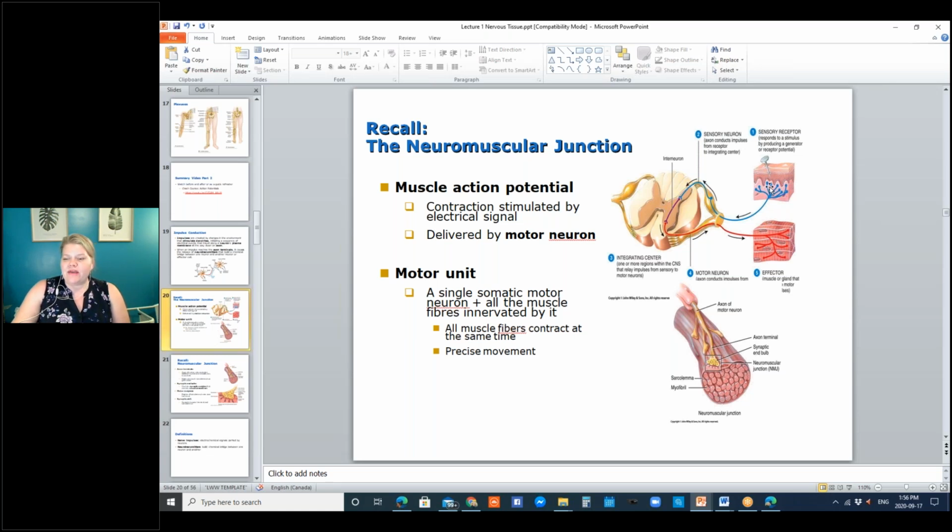So here we would have a sensory neuron in blue, an interneuron in purple, and a motor neuron in red. The sensory neuron has receptors at the end, or free nerve endings, or it may have an actual sensory apparatus at the very end.